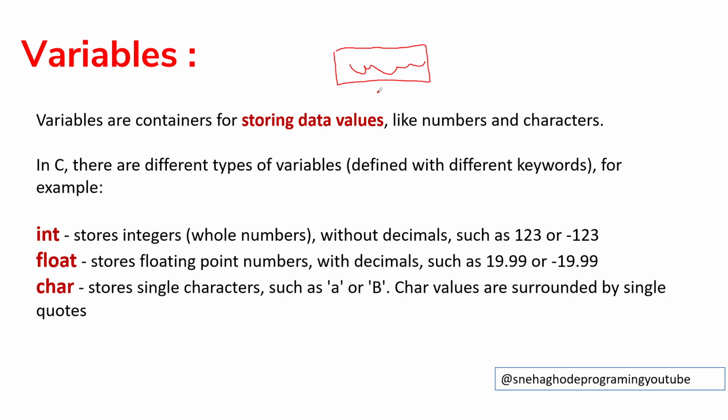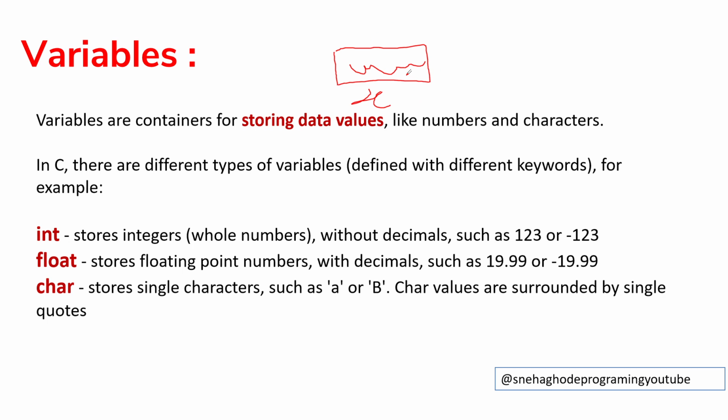If you are not saving it by using a name, and there are n numbers, you cannot remember which number is for which person. So to make it easy, we give a name to it. For example, X. X is a name to this particular memory location, so we call it a variable.